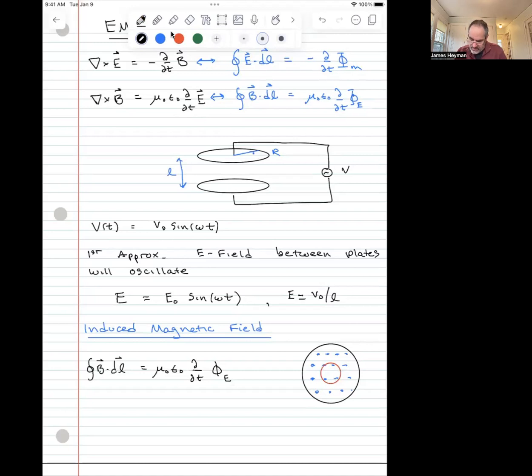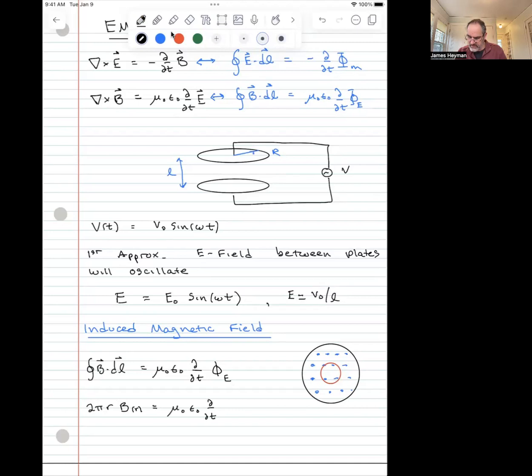Now, on the left-hand side of the equation, the integral of B dot dl should just be, because of the symmetry of the problem, 2 pi r times the magnetic field at that distance from the origin. Whereas on the right-hand side, we have mu naught epsilon naught times the rate of change of the electric flux.